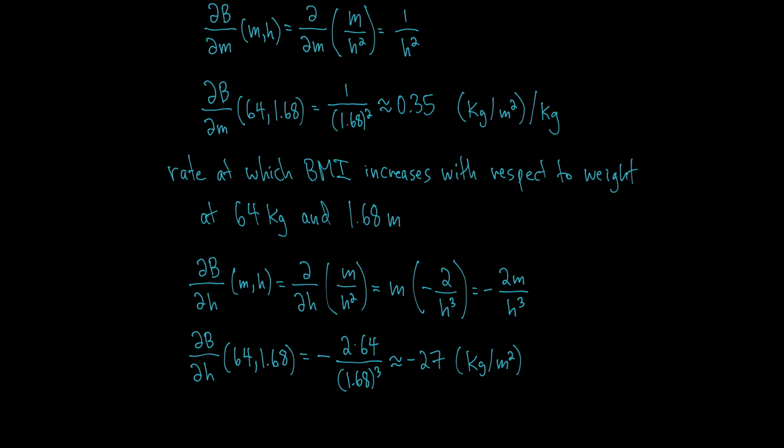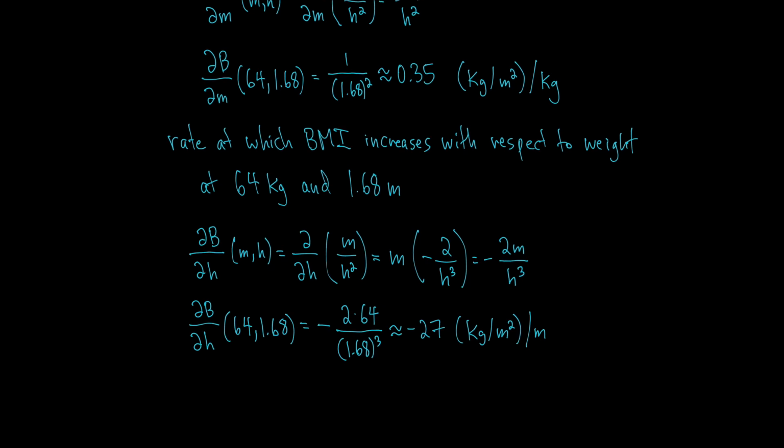And then this is with respect to height, so it's per meter. A little bit confusing the way that I used m for meters and m for mass, because this m means meters for the height and this m means kilograms for the mass, but they're different m's, but that's okay.